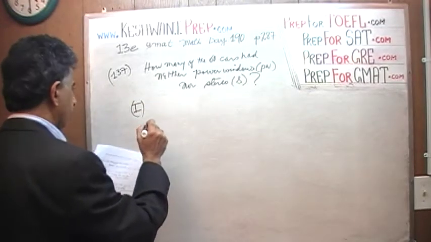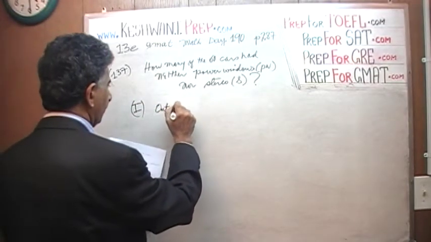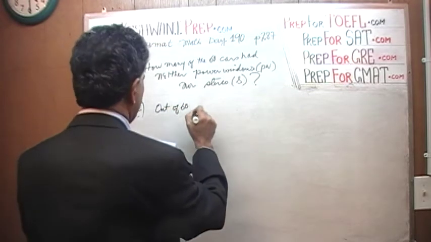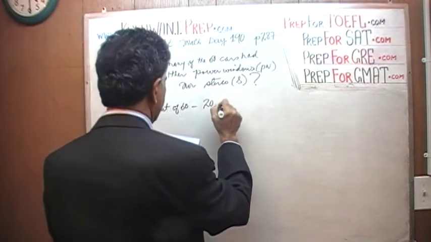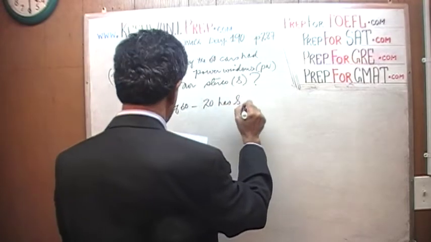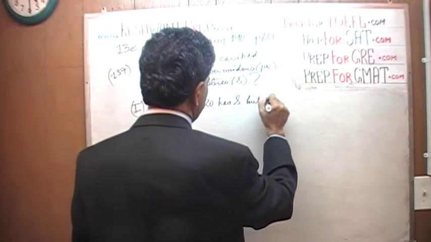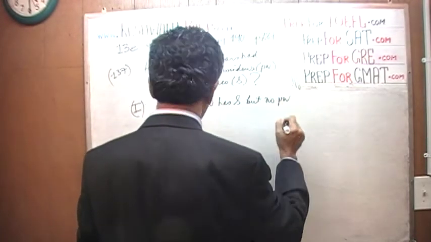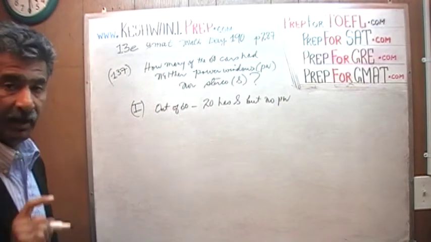In the first statement they tell us that out of 60 cars that were sold, 20 had stereo but no power window. Does this help us?